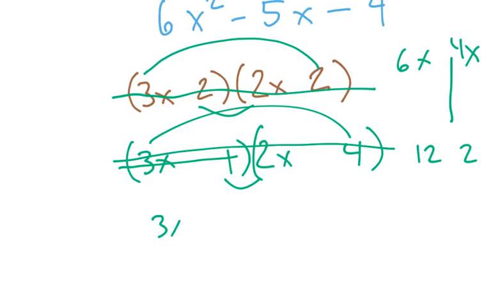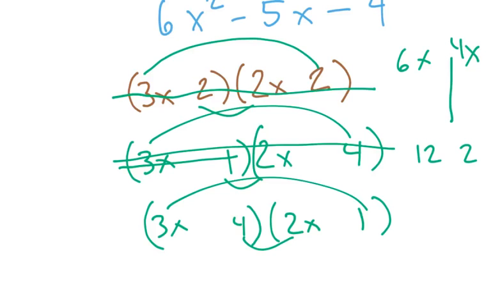We're going to take 3x and 2x. We're going to do 4 and 1. This is going to give me 3 and 8. Aha! Because if this is 3 and this is 8, if I make the 8 negative and the 3 positive, these are technically with x's, right? We will get negative 5. So I want the 8 to be negative and 3 to be positive.